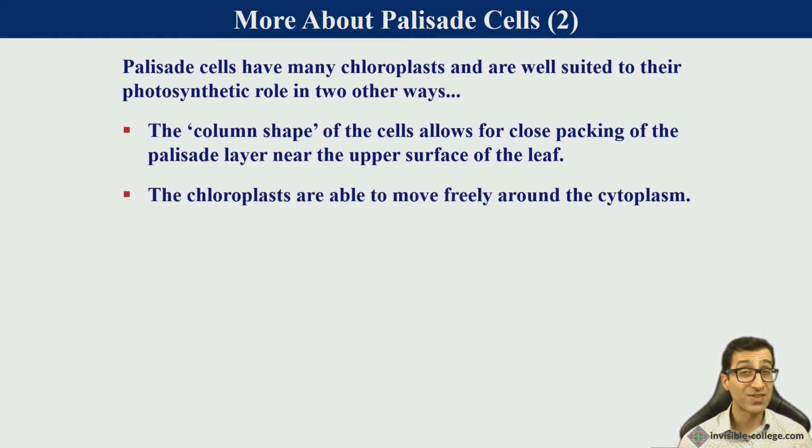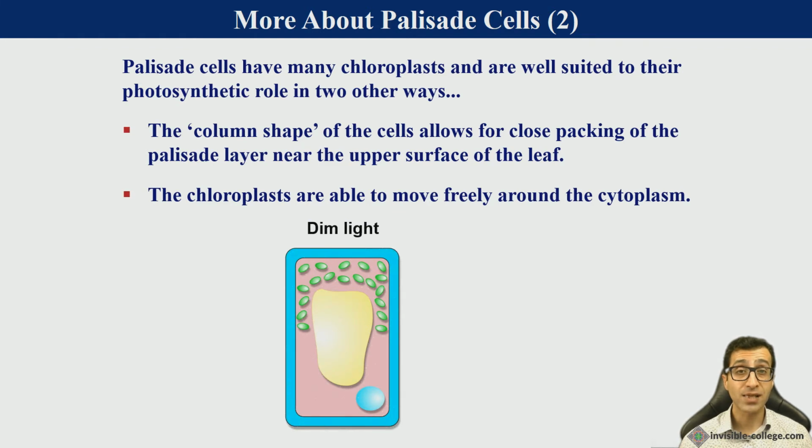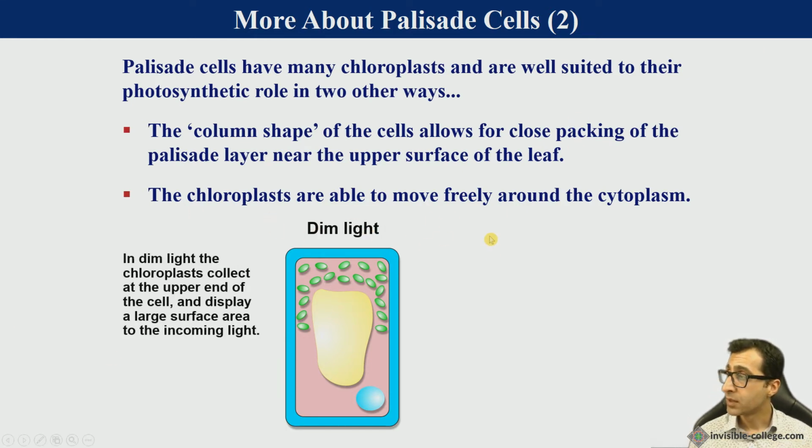Under conditions of dim light, they will collect in the upper surface of the palisade layer nearest the upper epidermis, like this. Again, they will orient themselves like this to give the maximum surface area and intercept the maximum amount of light energy, because they're under conditions of dim light.